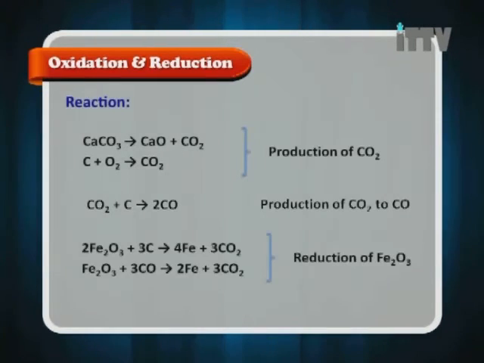Now, what happens to iron trioxide? It will react with carbon to produce iron as well as carbon dioxide. Essentially, iron trioxide can also react with carbon monoxide to produce iron and more CO2. So those two are methods to reduce iron trioxide.